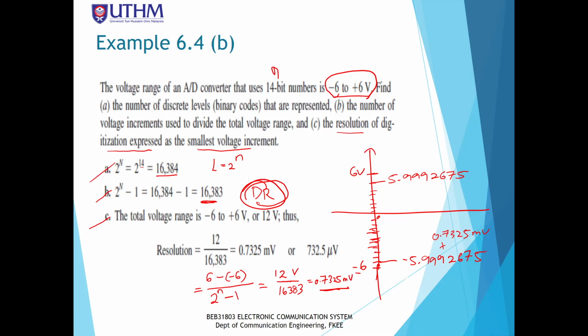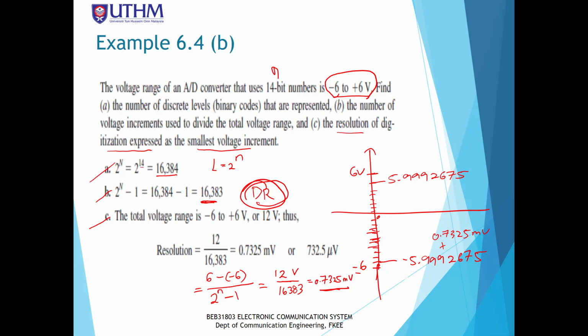When you know the resolution and the range of voltage, you can determine the step size and the voltage for each level. Remember, this has been asked a few times.